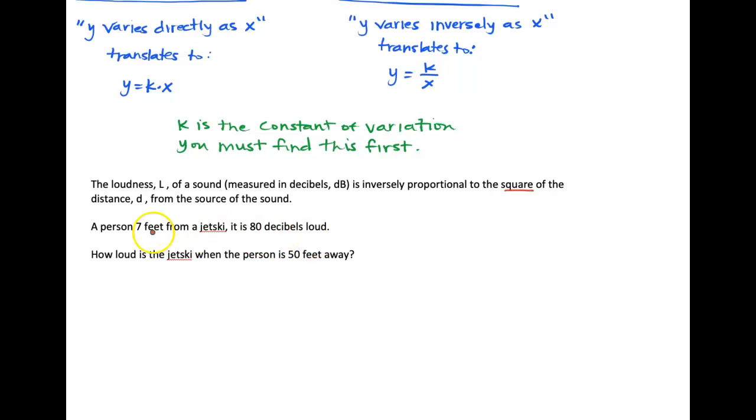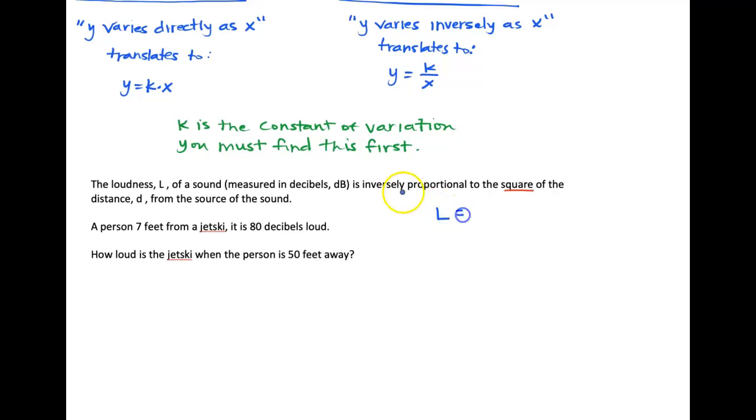So this first part that we have is going to be made into an equation, but we want to translate it into equation form before we start putting our numbers in, because this is a little bit different since it says that it is inversely proportional to the square.